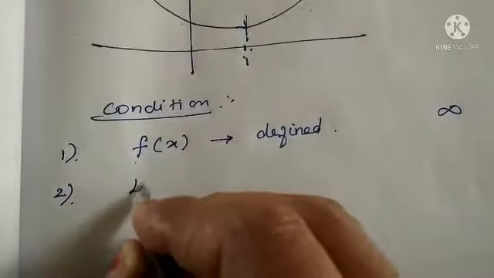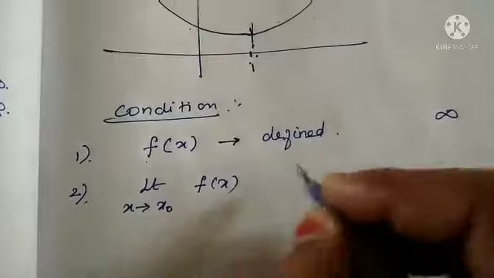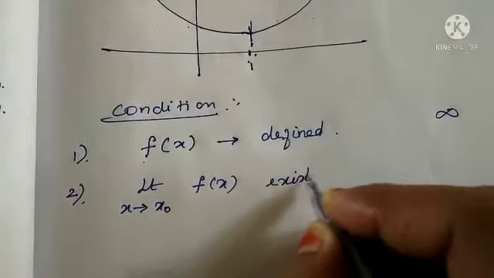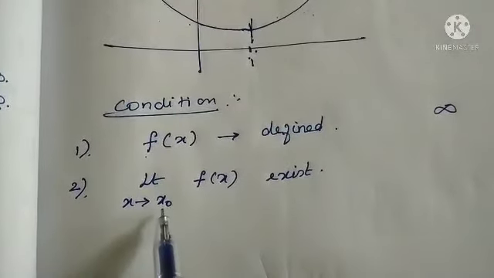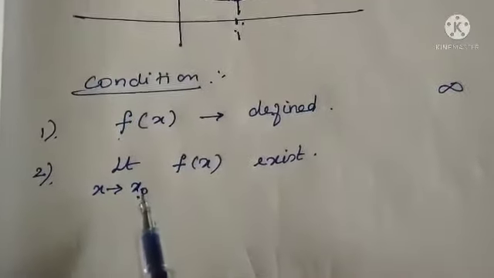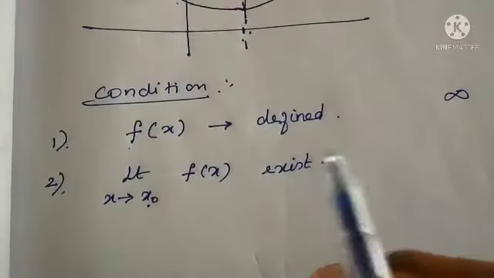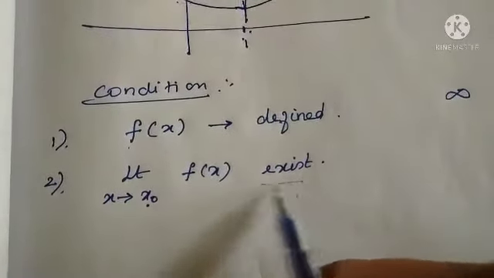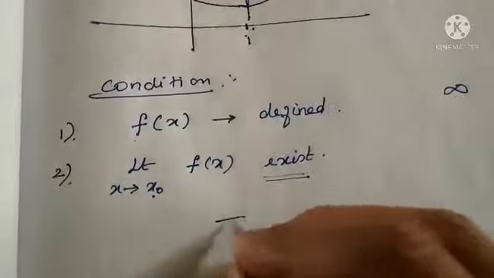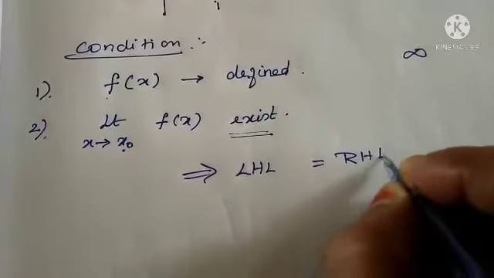Second, limit x tends to x naught, f of x should exist. Okay, for example, I have given here x naught. If you want, you can take any values. Limit x tends to x naught, f of x should exist. So how to find out whether it exists? Your left hand limit should be equal to right hand limit.